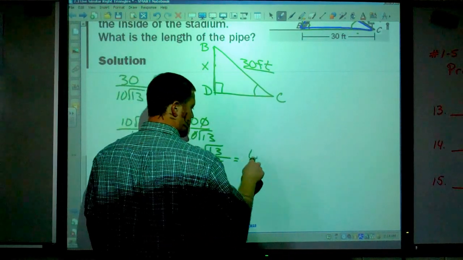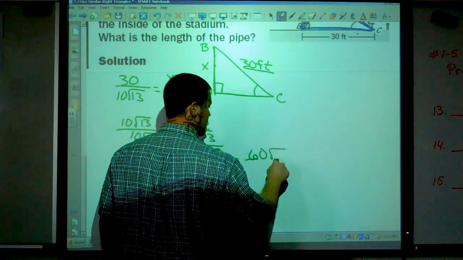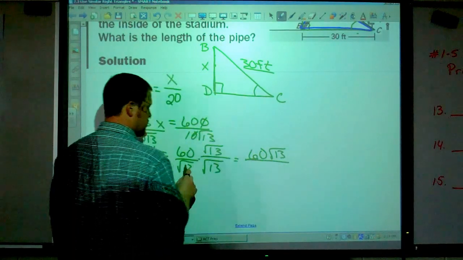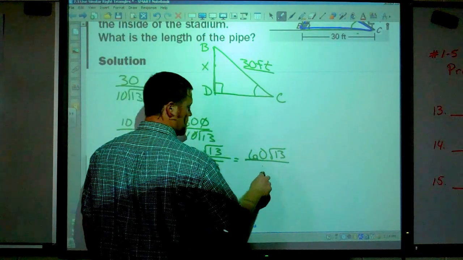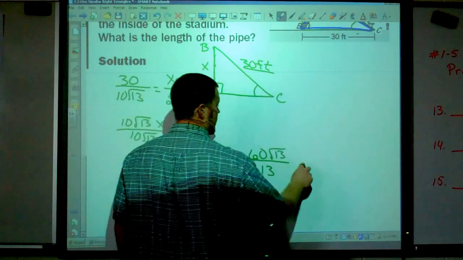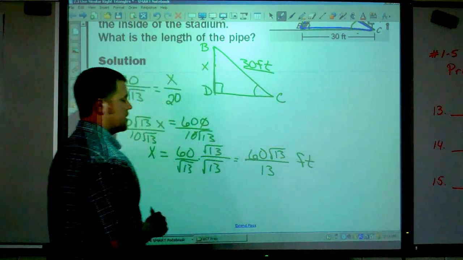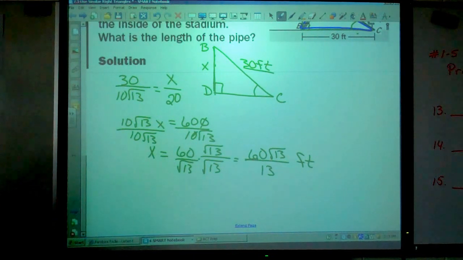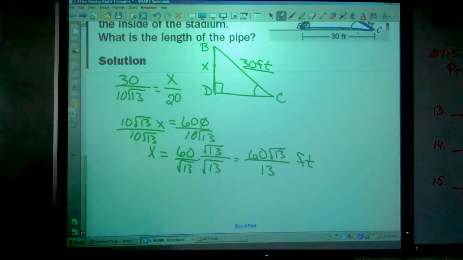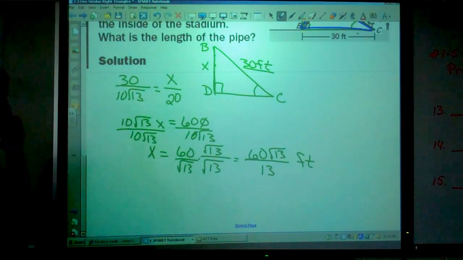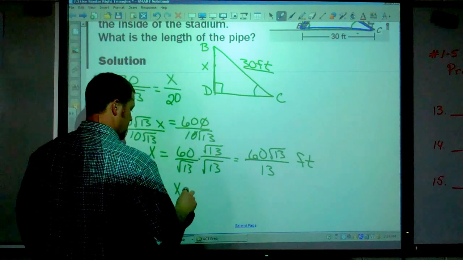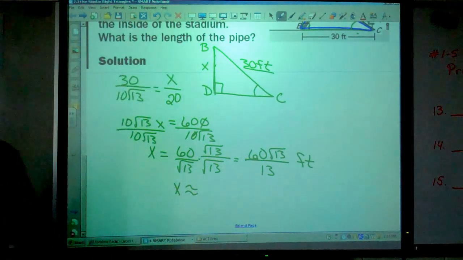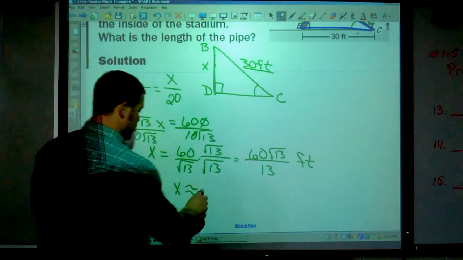We get 60 times square root of 13 over square root of 13 times square root of 13, which is 13. So 60 square root of 13 divided by 13 feet, which is about 16.6 feet.